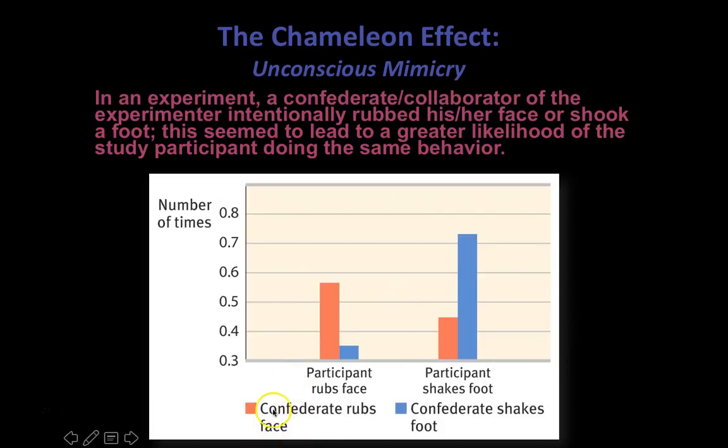In the condition in which the Confederate rubbed his or her face on a number of occasions, the participant was more likely to rub his or her face than to shake his or her foot. On the other hand, when the Confederate had been trained to shake his or her foot on multiple occasions, participants were more likely to shake their foot than they were to rub their face.